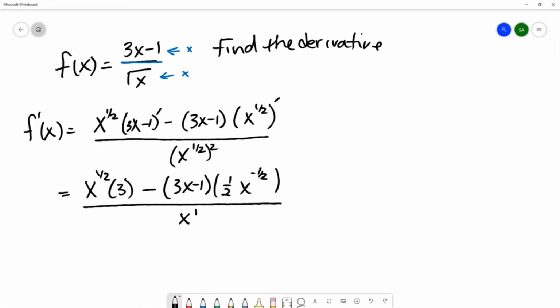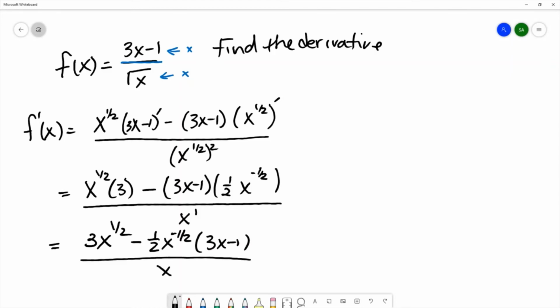So I'll continue to simplify here. At this point, we've calculated the derivative. I'm just using algebra to simplify. And I've got 3x to the 1/2, minus 1/2 x to the negative 1/2 times 3x minus 1, all over x.